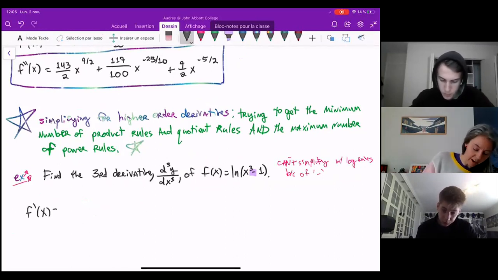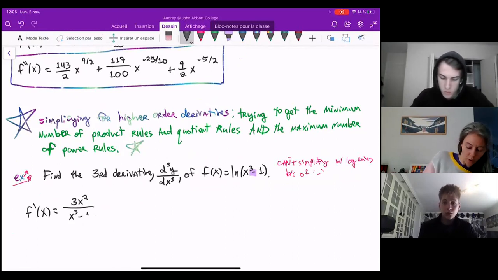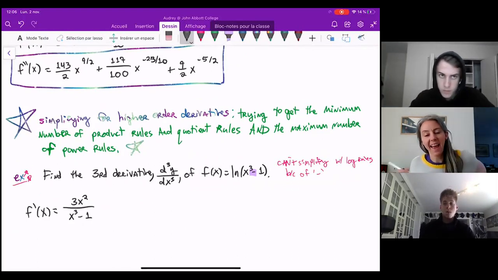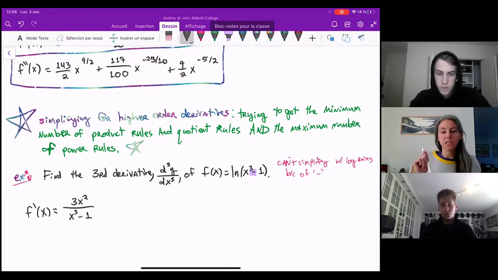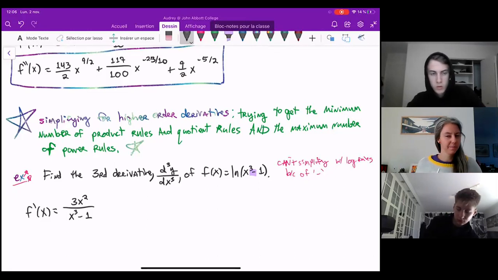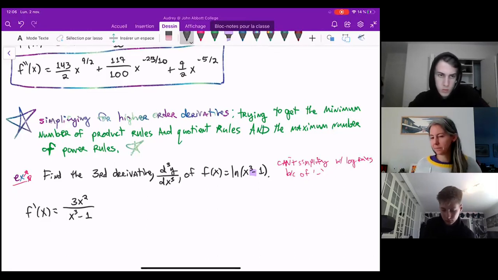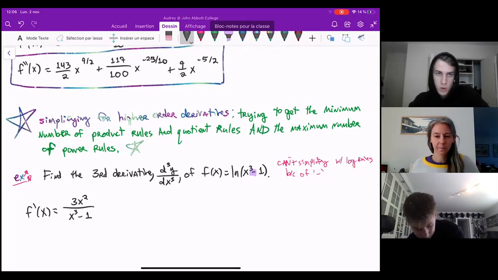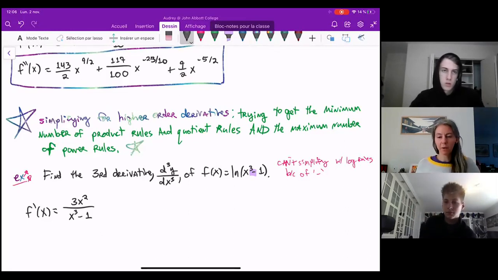F prime of x is equal to 3x squared over x cubed minus 1. Can I do the same thing I did in the last question to avoid the quotient rule here? I think you could, but it wouldn't be helpful.